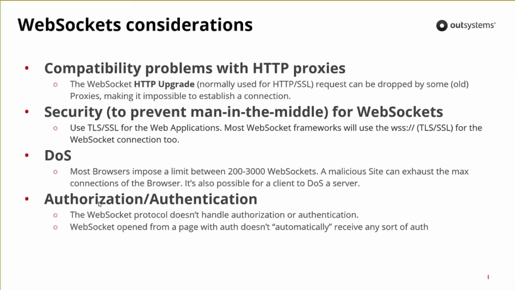The authorization and authentication should be taken care of by the WebSocket framework that you are using, since this is not something that the WebSocket protocol defines. If you are not using a well-known framework or cloud service provider, then you have to implement some sort of token-based authorization or an API key to control user access.